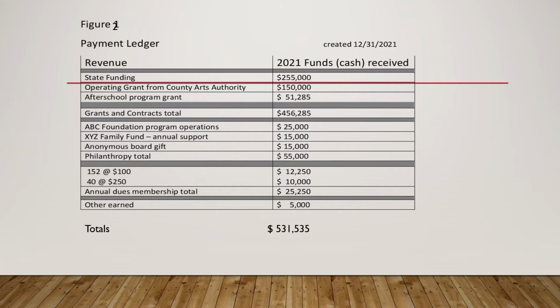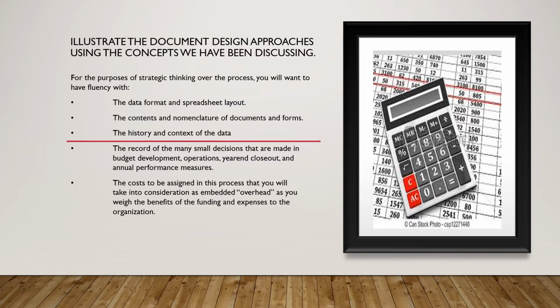There are a number of takeaways to remember for the purposes of strategic thinking from Figures 1 and 2. First, as you encounter the work of nonprofit financial management, you'll want to have fluency with the data format and spreadsheet layout, the contents and nomenclature of documents and forms, the history and context of the data, the record of the many small decisions that are made in budget development, operations, year-end closeout, and annual performance measures.